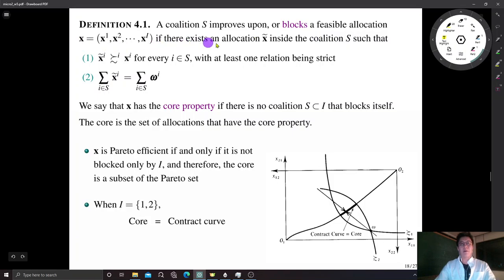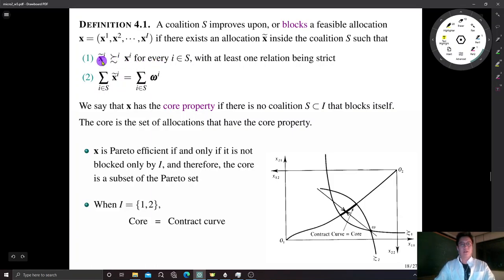Coalition S improves upon, or blocks, a feasible allocation X if there exists another allocation X tilde inside the coalition S, such that for every member in that coalition S, every member weakly prefers allocation X tilde to X. And furthermore, at least one member in that coalition strictly prefers X tilde to X. So that is very analogous to Pareto efficiency.